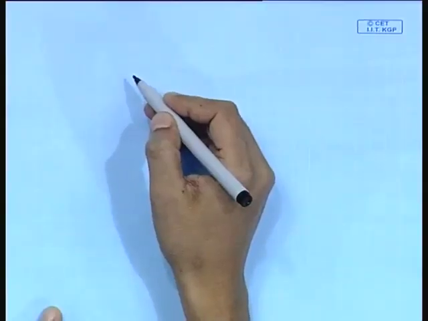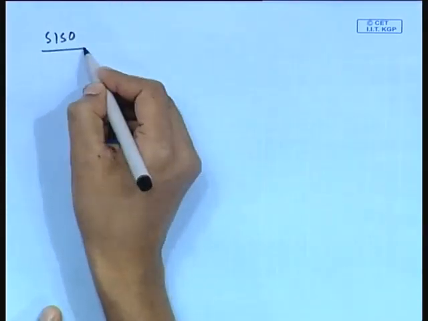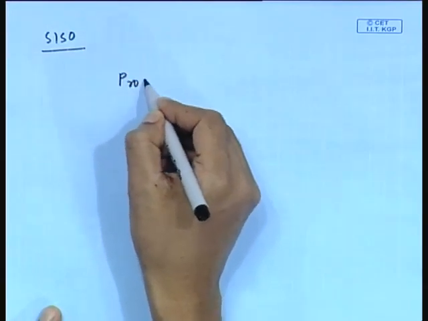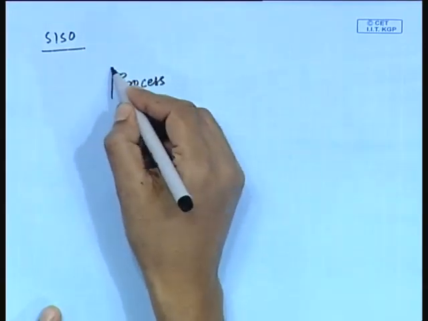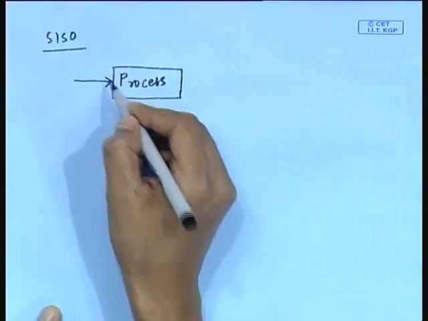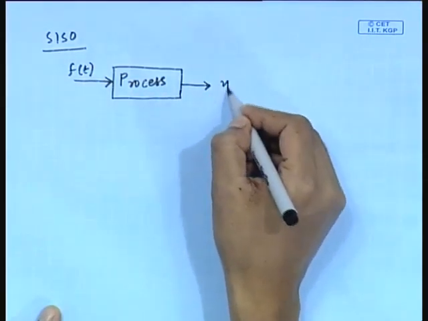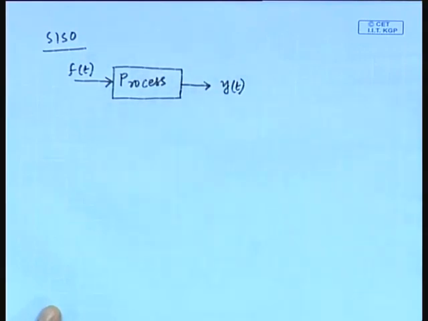Another question comes, that is, what is the use of this transfer function? Okay, we will consider one single input single output system. So, for a SISO system, we consider one process and input to this process is F(t), output of this process is Y(t), fine.